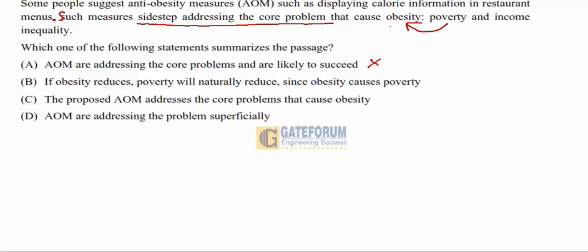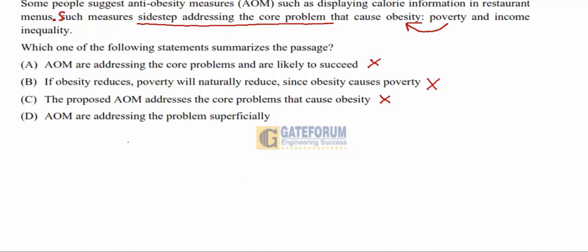So poverty causes obesity. They have said here entirely the opposite thing. So that is wrong. Number C, the proposed AOM addresses the core problems that cause obesity. And naturally, like the option A, it's obviously the opposite. They do not address the core problems. So this is wrong. Let us look at the fourth one.